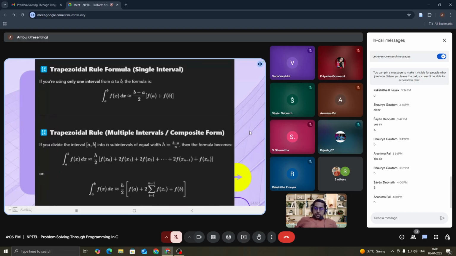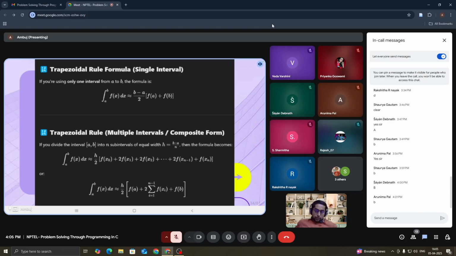Trapezoidal rule formula says if you are using only one interval, then you have to go with the formula definite integral a to b f of x dx is (b minus a) by 2 times (f of a plus f of b). Then the trapezoidal rule for multiple intervals, or the composite form, is given by the expression h by 2 multiplied by f of x0 plus 2 times f of x1 plus 2 times f of x2 and so on up to 2 times f of xn minus 1 plus f of xn.